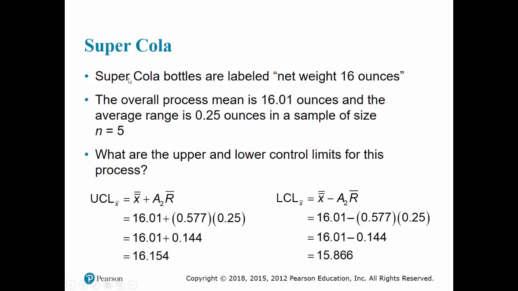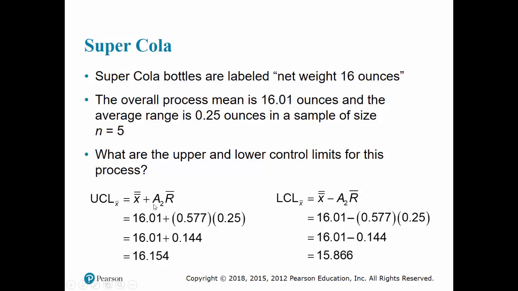Suppose here is an example: Super Cola bottles are labeled net weight 16 ounces. You've taken many samples, and in each sample you found x bar, and then x double bar turned out to be 16.01. You also found the average range to be 0.25, and each sample was of size 5. Then you substitute 16.01.